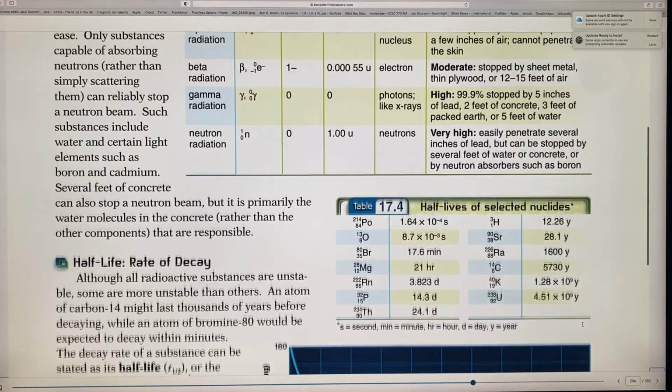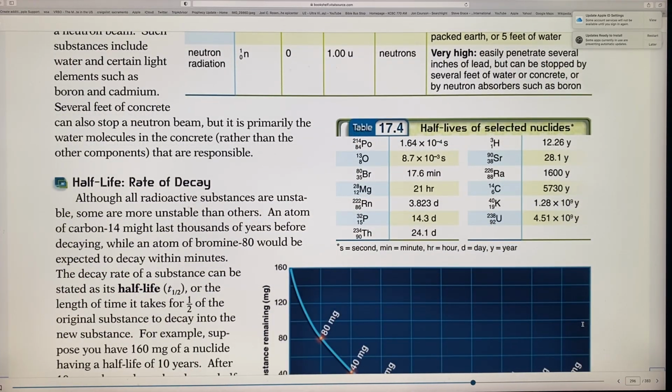So let's look at the picture here. Here are the half-lives of some nuclides. Here you have the half-life of selected nuclides in years.